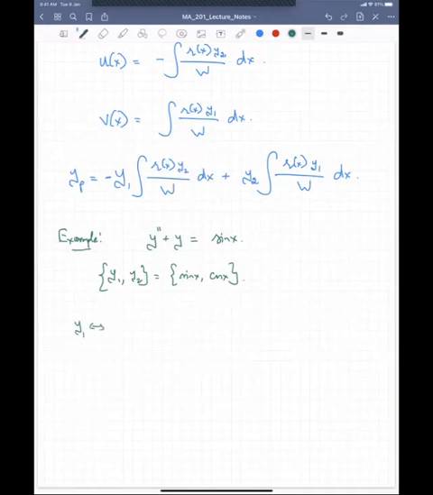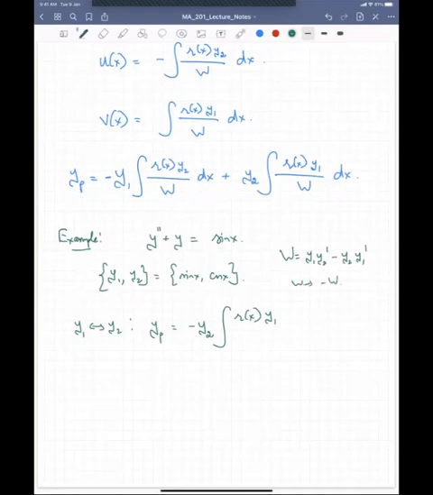Okay, so I'll actually demonstrate this explicitly. So y1 goes to y2, yp will become minus y2 integral r of x, r of x remains the same, but now y2 becomes y1. Now the Wronskian is y1 y2 prime minus y2 y1 prime. And if I make y1 to y2 and y2 to y1, W goes to minus W, right? So this becomes a minus W, plus y1, y2 becomes y1, r of x, y2 divided by minus W dx.